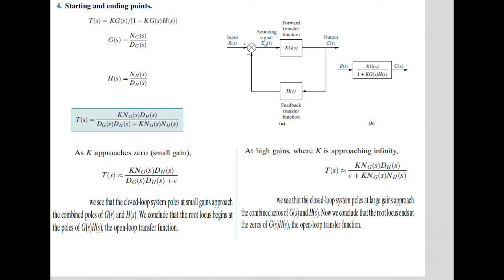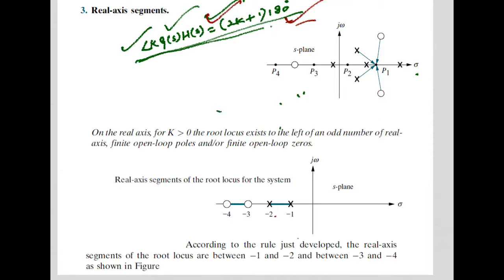Now let us take the small example that we have taken in the previous case also. Here we have the poles at -1 and -2, and zeros at -3 and -4. Using the rule derived, we find that the root locus begins at -2 and -1, and it will end at -3 and -4.